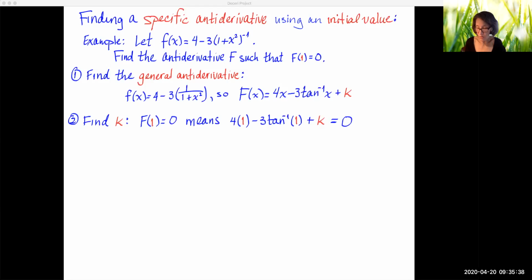So now we have to evaluate this. 4 times 1 is 4, and the arctan of 1 is pi over 4. So we get 4 minus 3 times pi over 4 plus k is equal to 0.